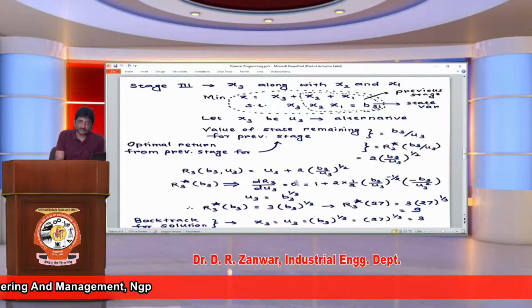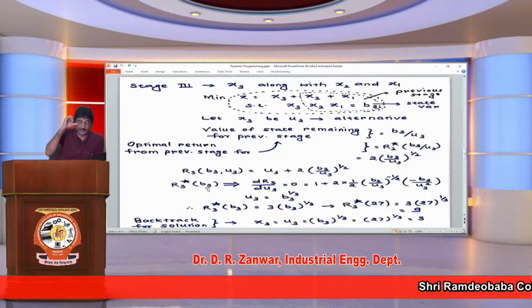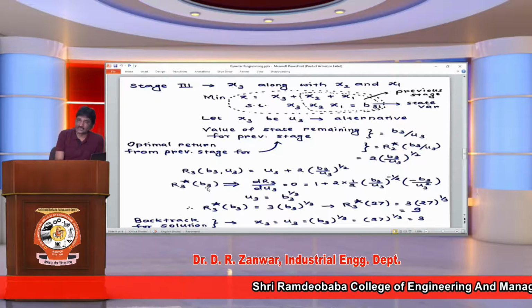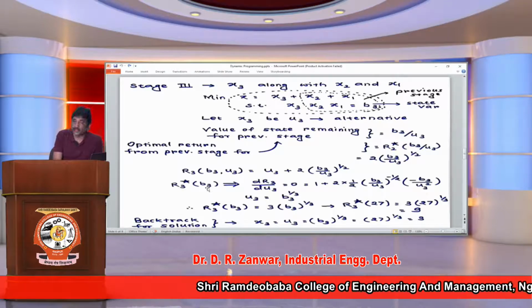Alright. Now I want to find the maximum return for third stage for parameter b3, state variable b3, because I know the optimal return is a function of b3 only.